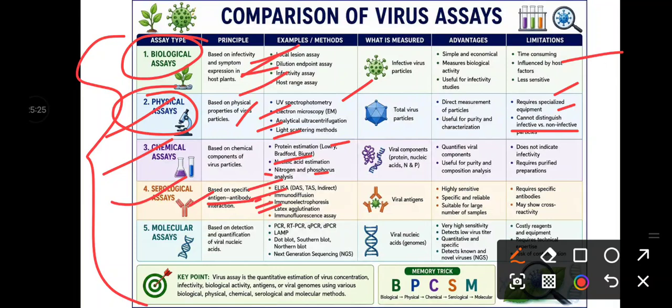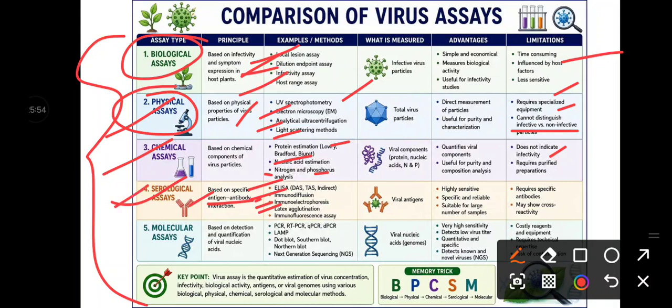Nitrogen analysis indirectly estimates the protein by the Kjeldahl method, but phosphorus analysis we do for indirect analysis of nucleic acid by the colorimetry method. The major limitation is it doesn't indicate the infectivity, only the chemical composition.